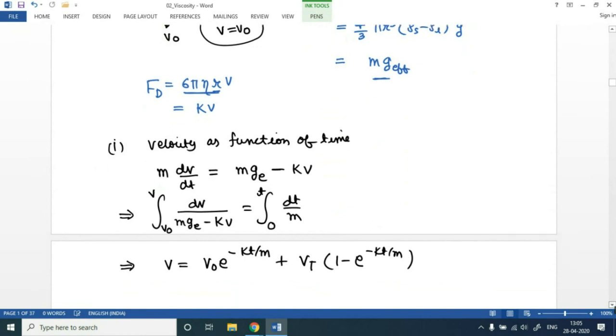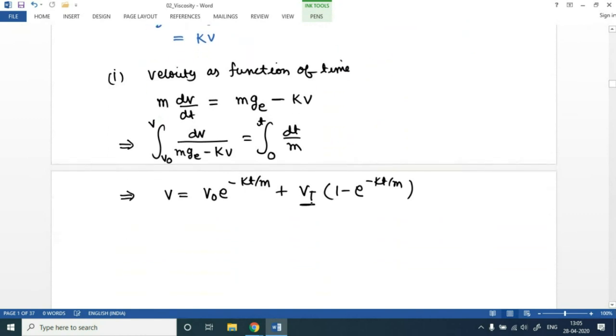here. Where now look at this term over here, this vt, which is also known as terminal velocity. Like vt's expression would be nothing but you must realize this quantity divided by this quantity over here. So that is mg effective divided by k. And let's substitute all the values.